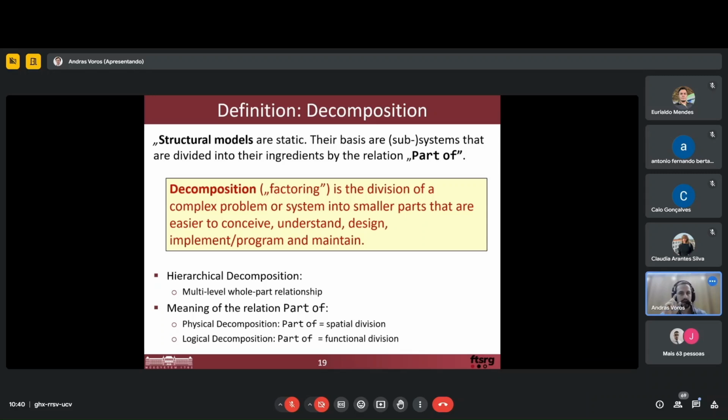But if you are thinking about the logical parts, the software, the functions, then the part of relations will define kind of functional division of the system, and especially the software functionalities and hardware functionalities. But it's very important to emphasize that you are using logical decomposition. At first, you are talking about functions.